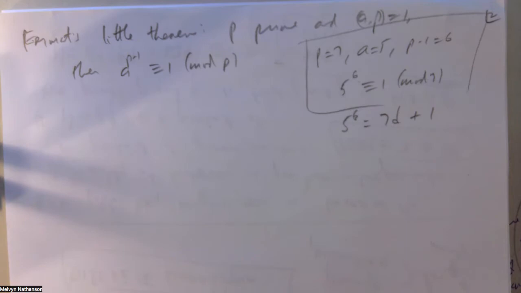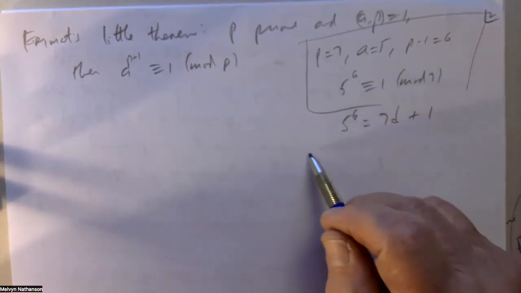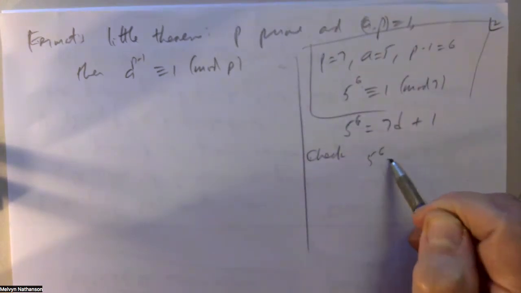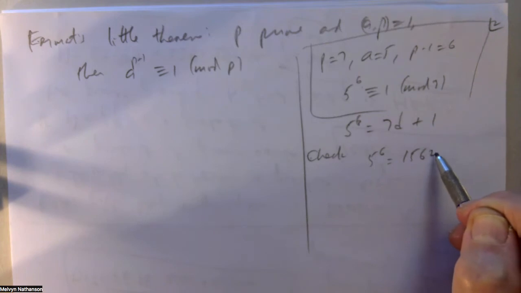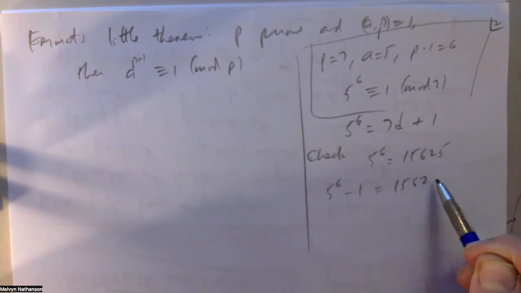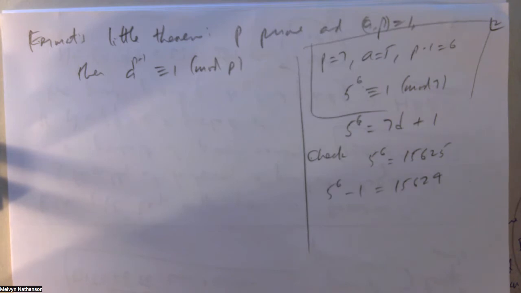So let's see. 5 to the 6th is 15,625. 5 to the 6th minus 1 is 15,624.